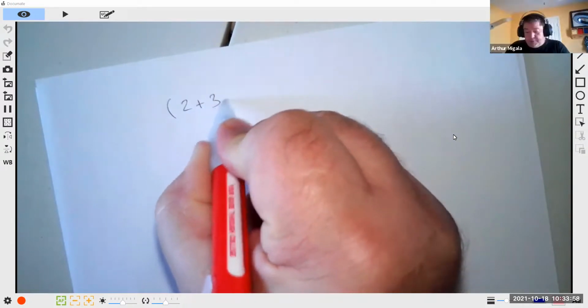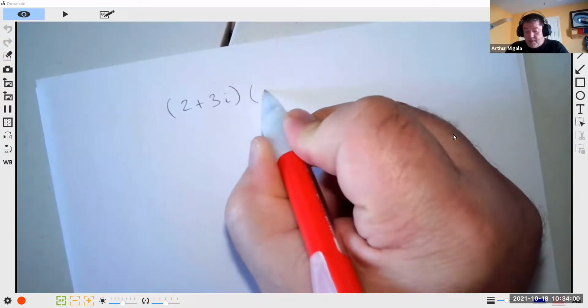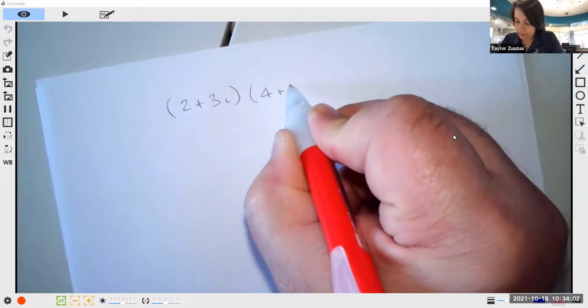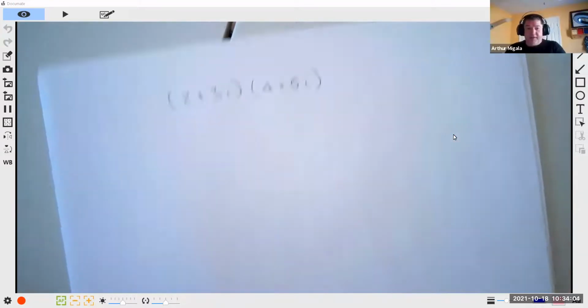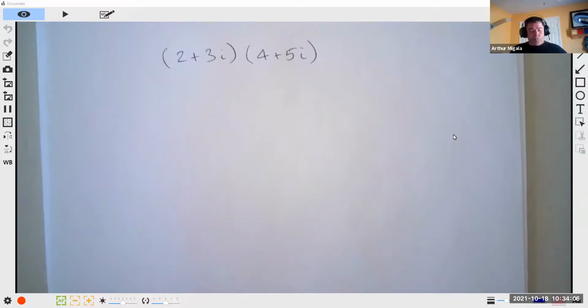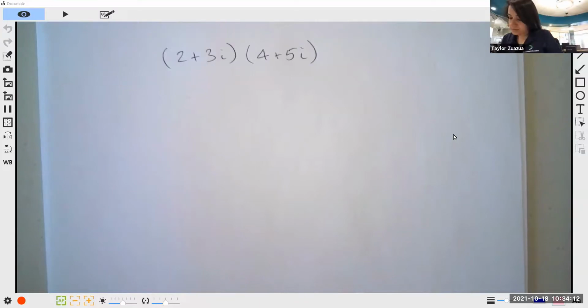2 plus 3i times 4 plus 5i. So do you do that FOIL method for this? Yep.